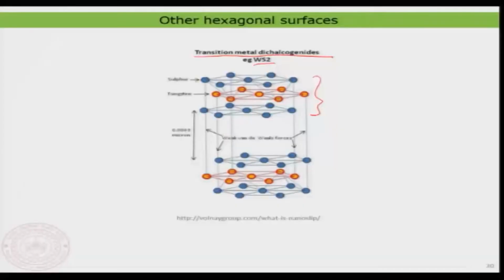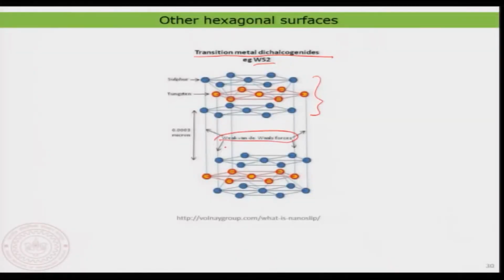The interesting thing about graphite and tungsten disulfide is that the adjacent layers interact through a very weak interaction, namely van der Waals forces.